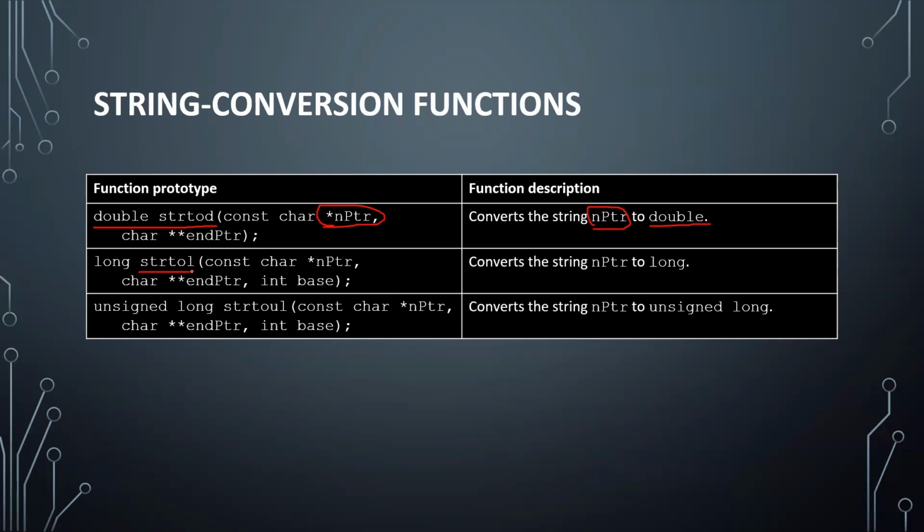Here, strtol, string to a long, does the same thing as the double, but with a long integer. And here we've got string to unsigned long, strtoul, so it is going to convert whatever that string is to an unsigned long. We can do this if we ask for a number. We can read it in as a string, and then we can actually convert it to a number to use with arithmetic.